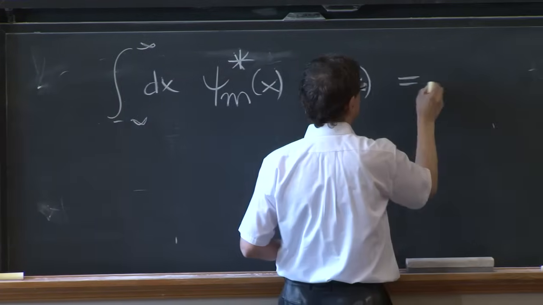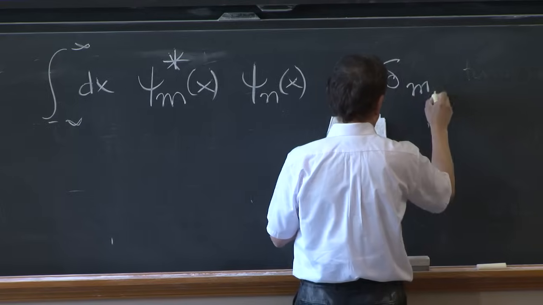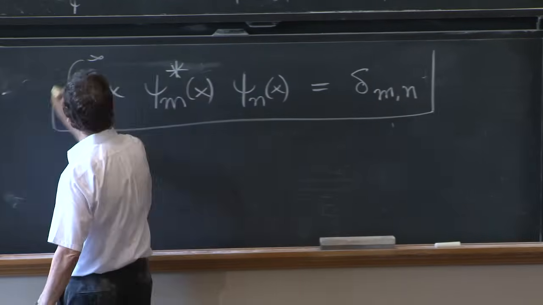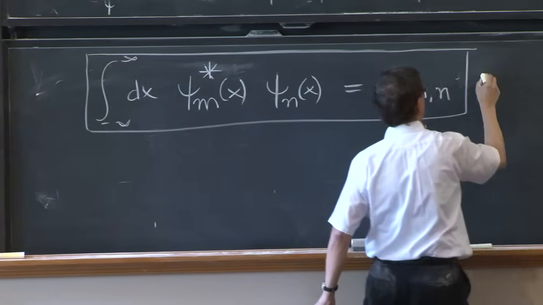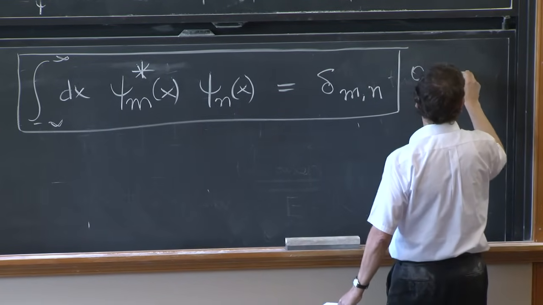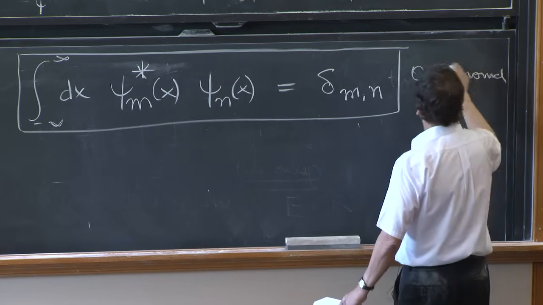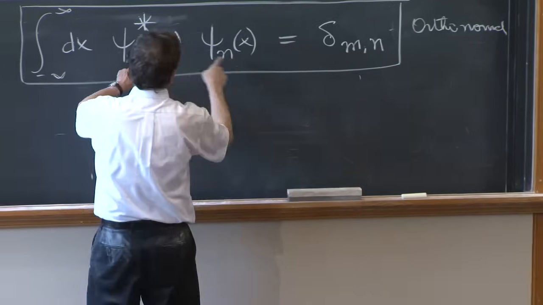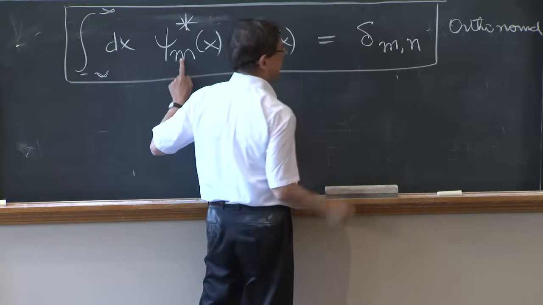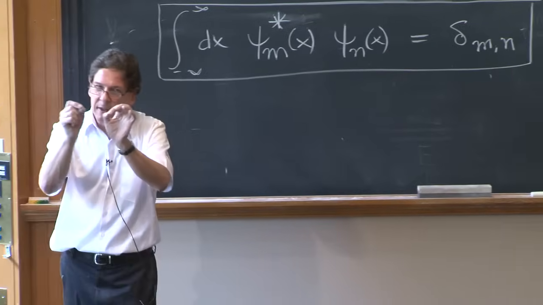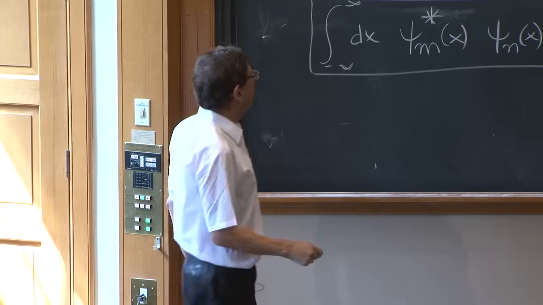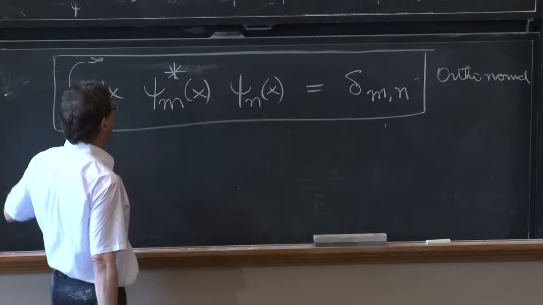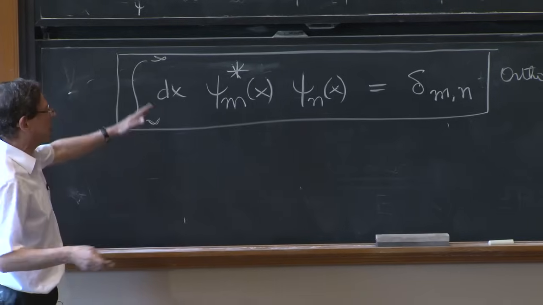And if this is equal to delta mn, we say the functions are orthonormal. So, ortho for orthogonal, which says that if m is different from n, the Kronecker delta, that symbol that is equal to 1 if the two labels are the same or 0 otherwise, you get 0. The inner product, this left-hand side is called the inner product, is 0.